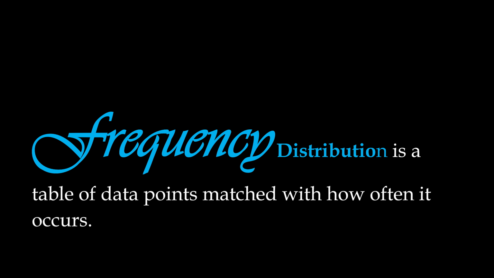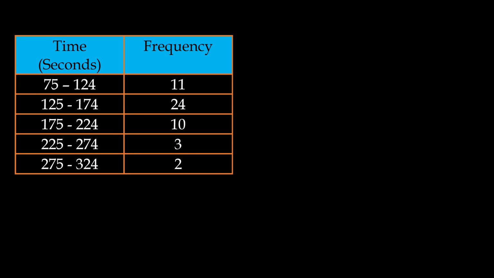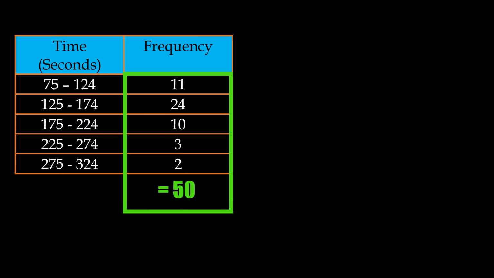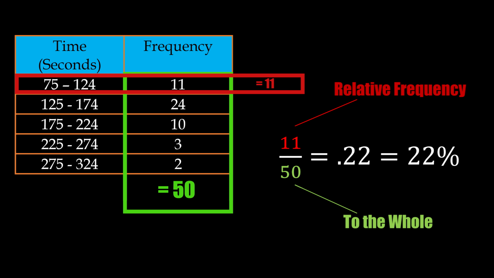Another way to display information on a frequency distribution is to use a relative frequency distribution. When they say relative, they mean the frequency relative to the whole. The total frequency here is 50. Since the frequency of our first class is 11, 11 divided by 50 would be 22%.